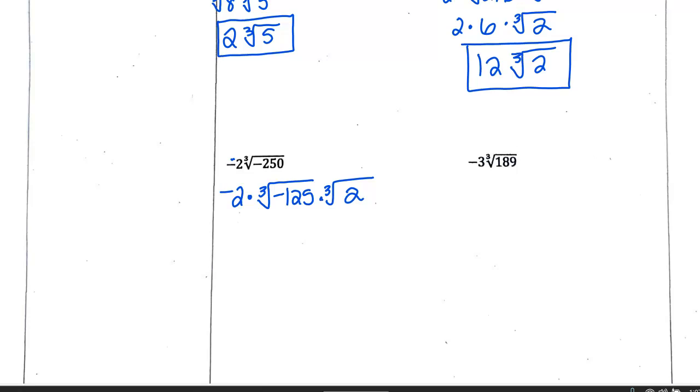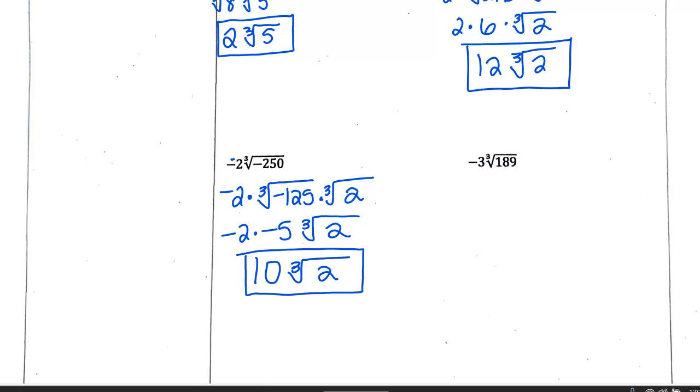So we go ahead and take the cube root of negative 125, which is negative 5. So negative 2 times negative 5, and then our leftover cube root of 2. So negative 2 times negative 5 is 10, and then we have the cube root of 2, because a negative times a negative makes a positive.